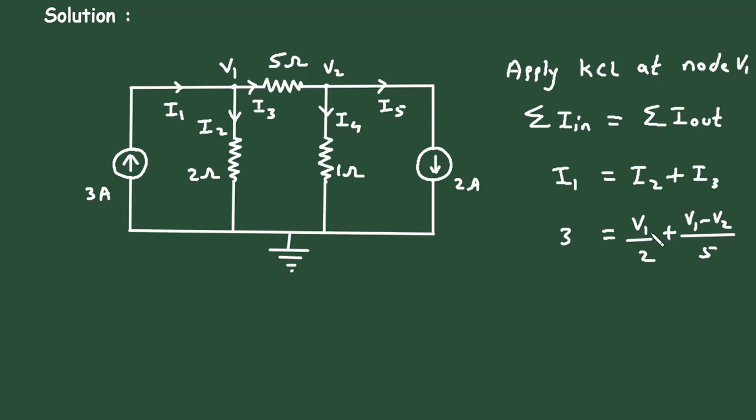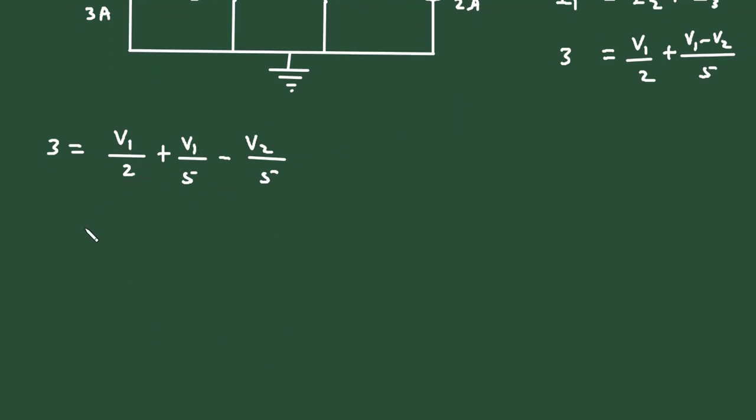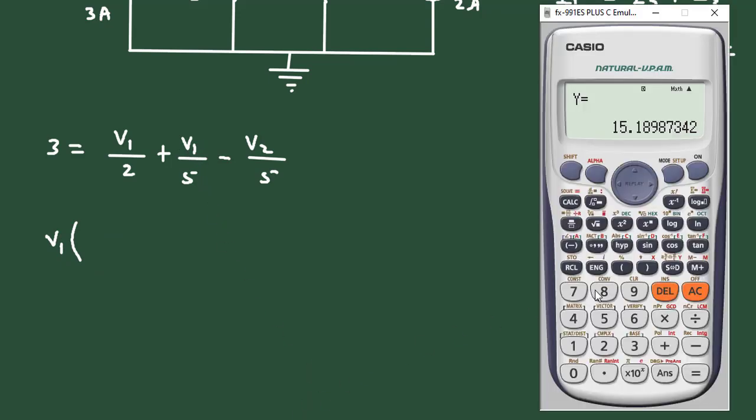Now let's simplify this. So it will be 3 is equal to V1 by 2, then plus V1 by 5, then minus V2 by 5. So let's write V1 terms first. It will be V1 in bracket 1 by 2 plus 1 by 5, so it is 0.7.